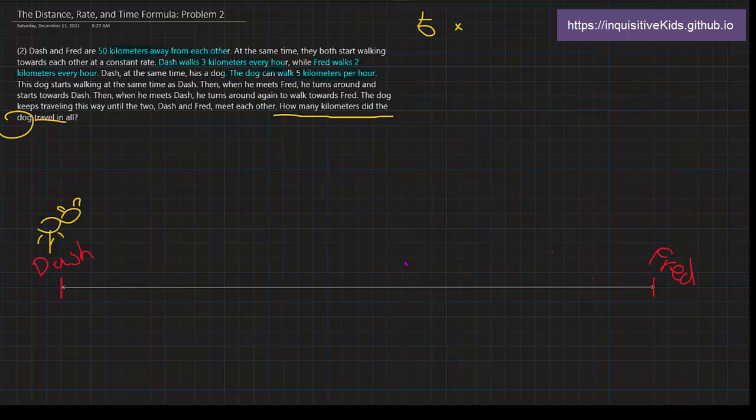They're going to meet just right about here, and Dash walks 3 kilometers per hour, and Fred walks 2 kilometers per hour, right? And we're trying to find how long it took.